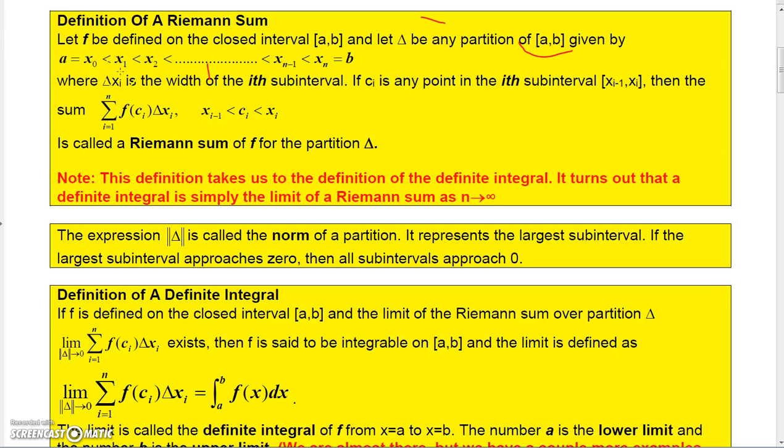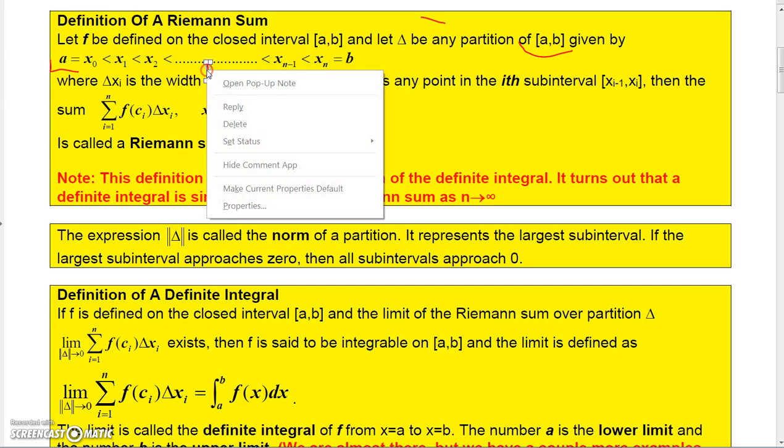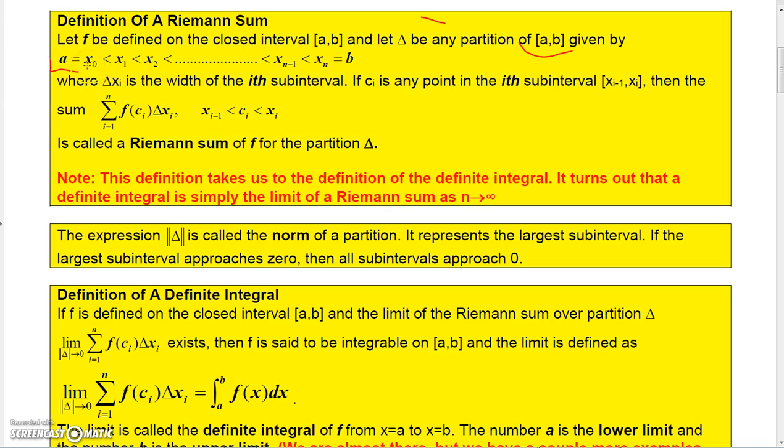We start on the left-hand endpoint with a, which is the same as x naught, and then divide it into n subintervals where a is less than x1 is less than x2 and so forth, up to x of n minus 1, which is just the point right behind x of n, and then x of n is actually the same as b. It gets a little bit confusing when you say a is x naught and b is xn, and then you talk about the points in between. But that's the convention that's used.